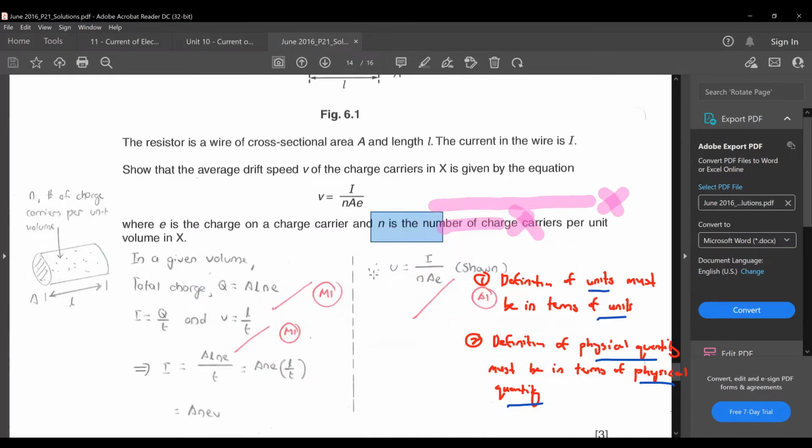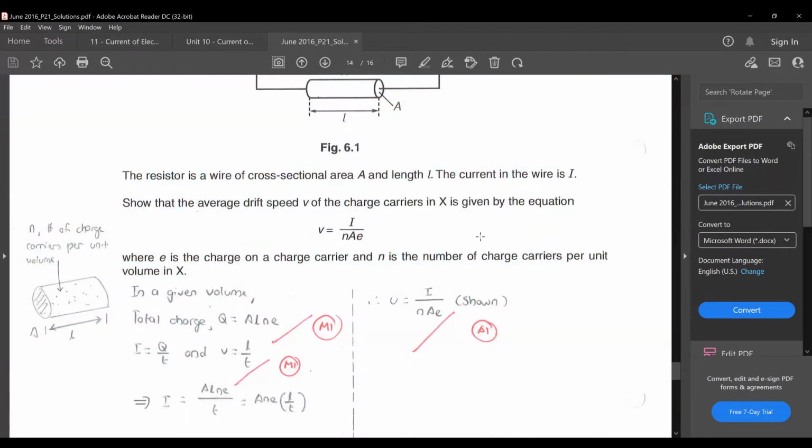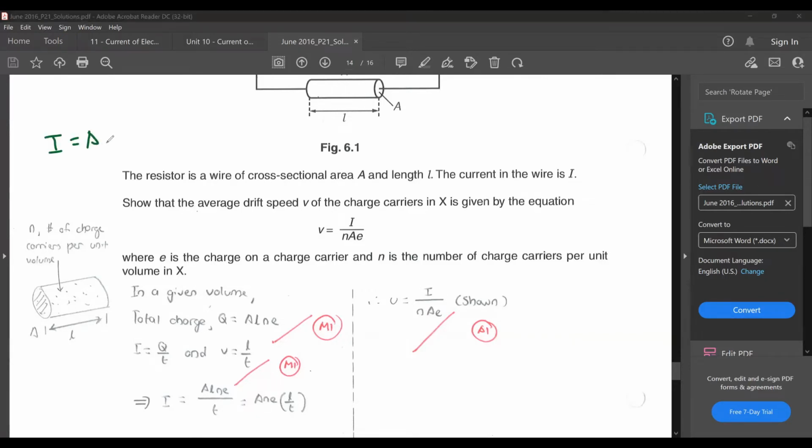per unit volume. Okay, so this one is actually a derivation question. They are asking you to derive I equals ANQV from the notes. And I also mentioned that please be careful about what N is.